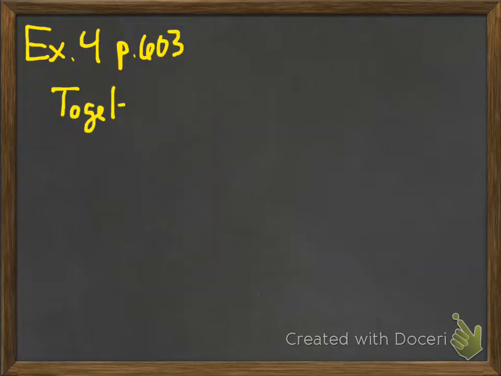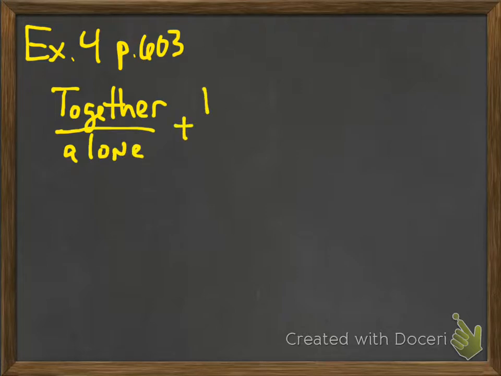Okay, and then there are word problems. For these word problems, I'm going to use example number 4 on page 603, which is talking about somebody doing a job. In this case, Jason is trying to clean a large aquarium tank, and he gets some help from Lacey. This is how we set up these problems. When they're word problems and people working together, we do it like this.